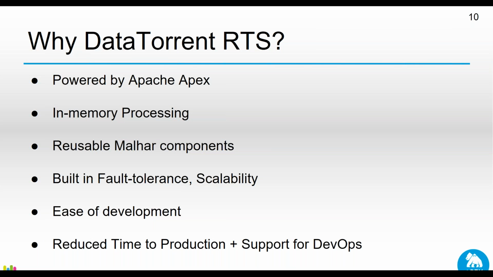The connectors, or rather the operators which build the entire logic of the application, are readily available as part of the library, which you could reutilize with all the operational challenges of fault tolerance, of scalability, of low latency, of as high throughput as you desire, being already built into the engine. This entire package is available to you at a shot, where you could just create this application within a few days' time and it's ready to be deployed. And it depends on the nature of your business need as to how complex or simple that application would be.